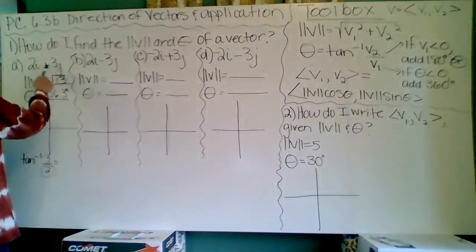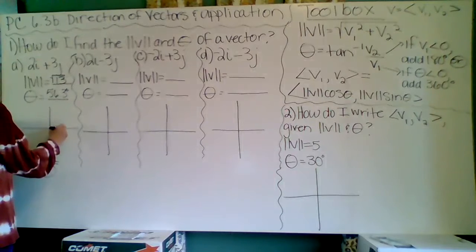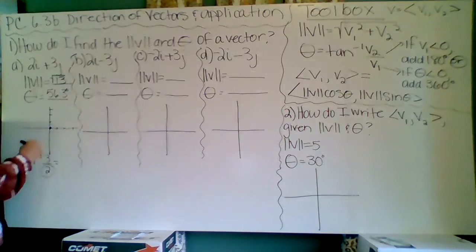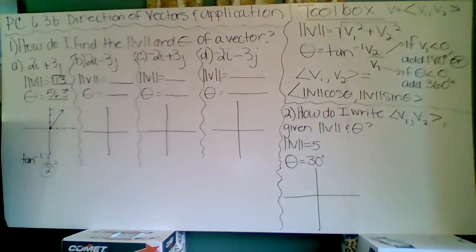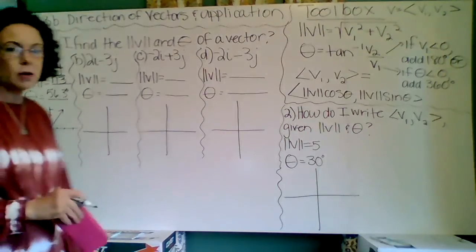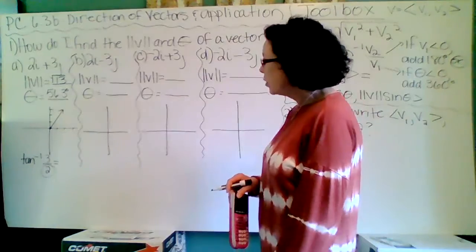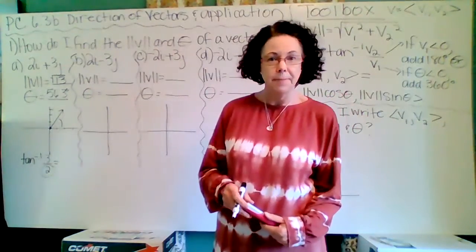Let's draw this vector in component form. Its initial point is at 0, 0, and its terminal point is at 2, 3. There's a picture of the vector. It in fact would be the square root of 13 long, about 3 point something, and notice it really could have an angle measure here of 56.3.